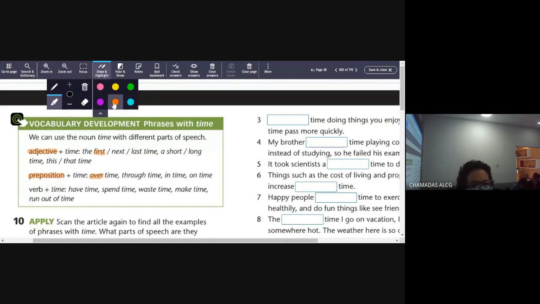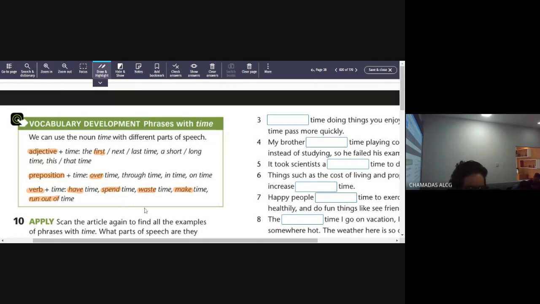So let me highlight here. Now I guess it's easier for you to visualize, okay? Now you have adjectives, prepositions, and verbs.